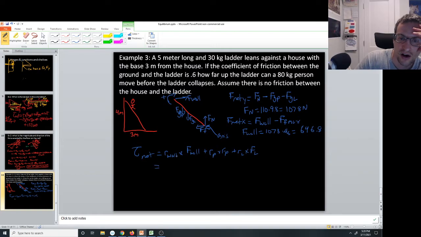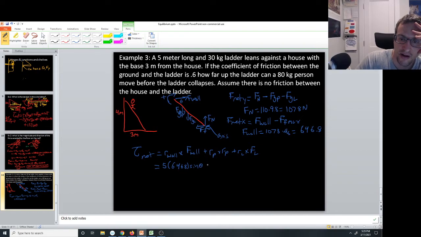Okay. R wall, this is 5. A force of wall is 646.8 times sine of theta. That theta right there.